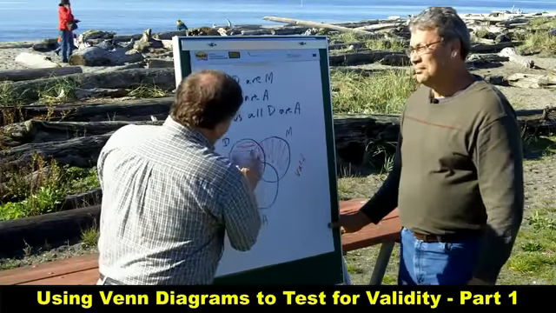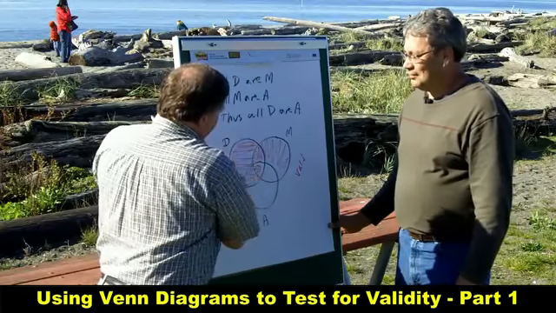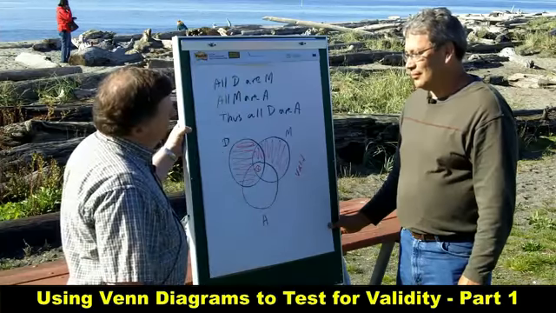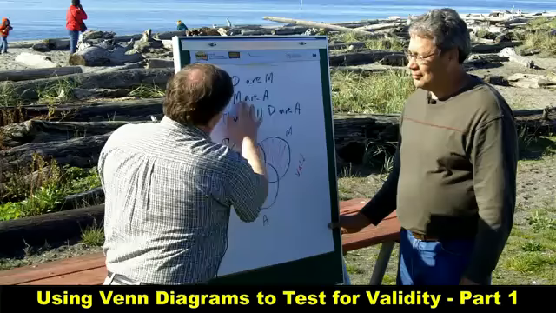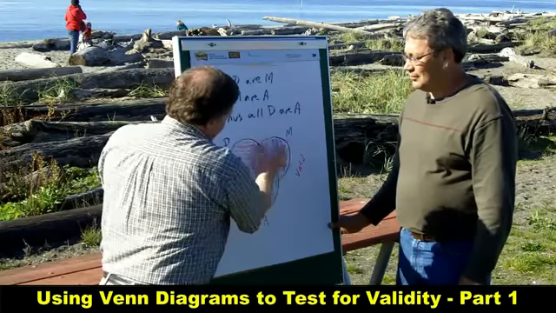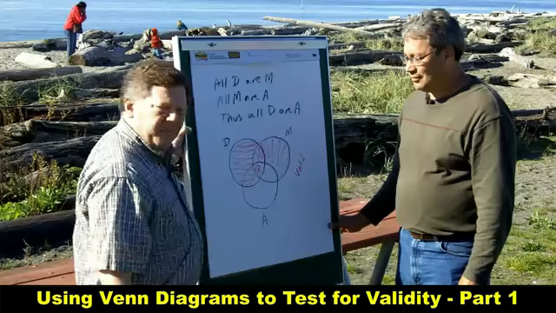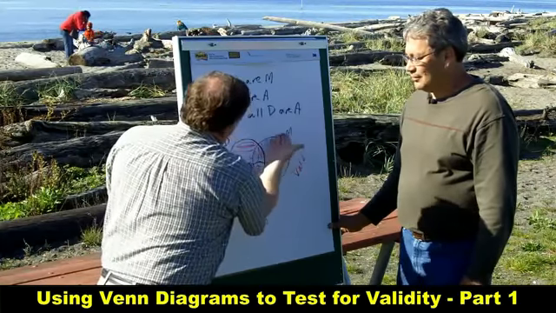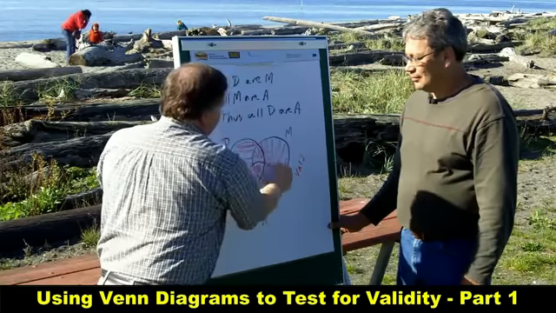So to say that all dogs are mammals, he shaded the part of the dog circle that's outside the mammal circle. And then the second premise, all mammals are animals, think of it as taking that information and entering it into the diagram. And so when he shaded this region, he was saying that the part of the mammal circle that's outside the animal circle is empty.